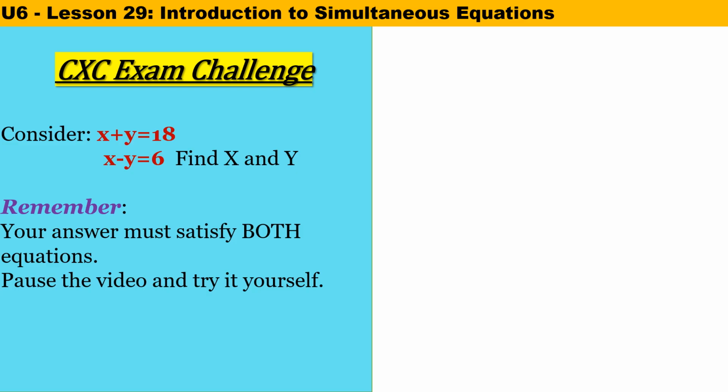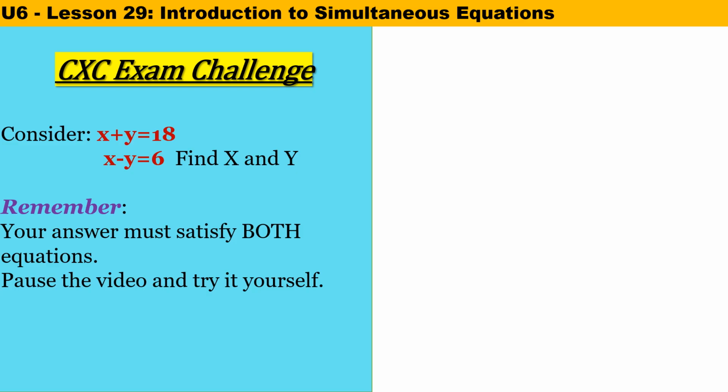CXC exam challenge question. Consider x plus y equal 18 and x minus y equal 6. For some of these questions, you can look at it and you get the answers. For some of them, you just have to test the number. Remember, your answer must satisfy both equations. So pause the video and give it a try before you check the solution.